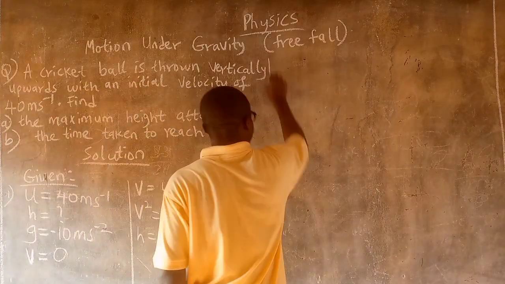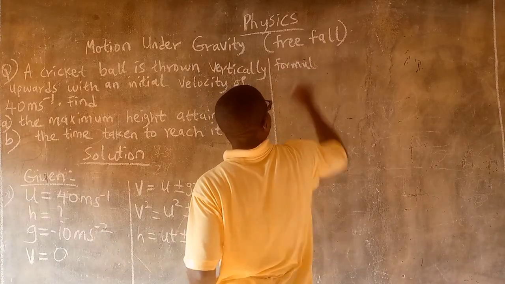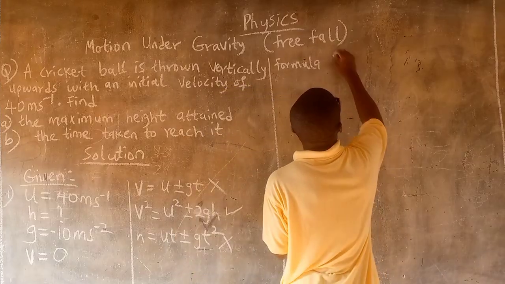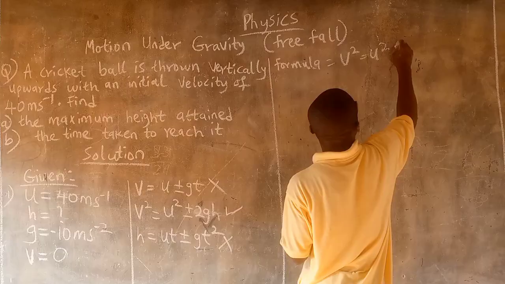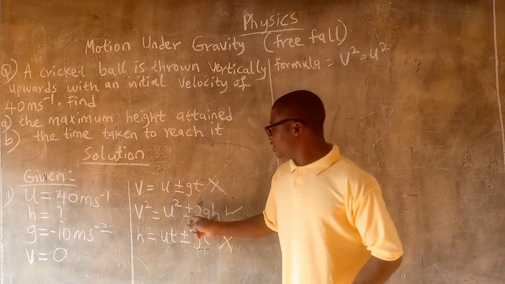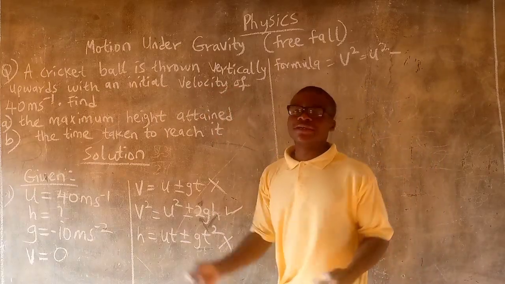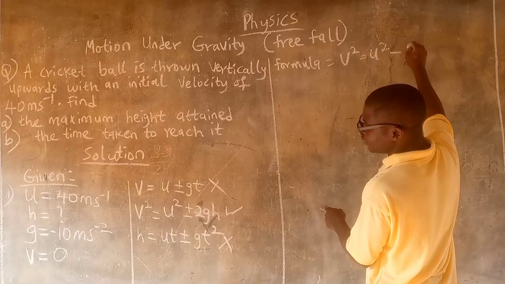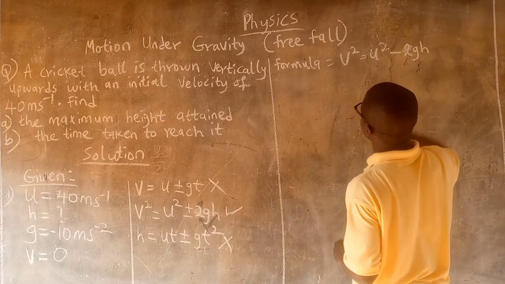So the formula is v squared equals u squared minus, not plus, because the motion is an upward motion. So the sign to use is negative sign, minus 2gh.